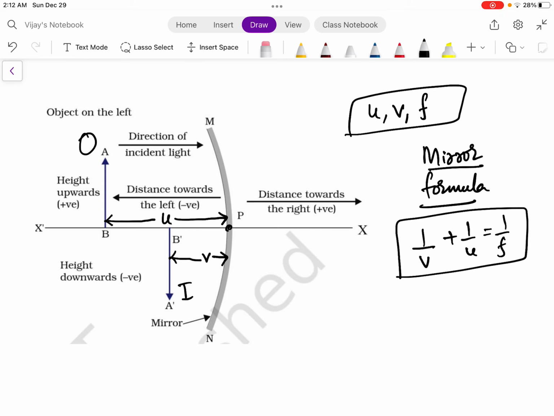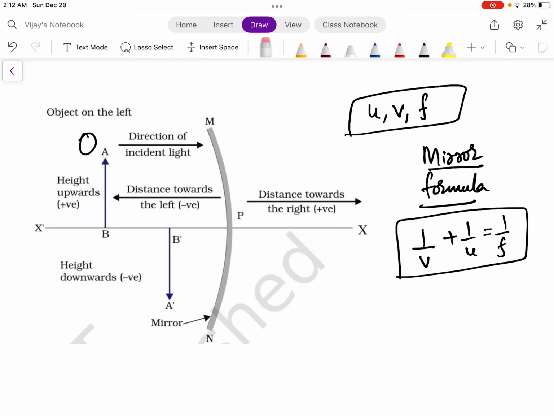This is the pole. You treat that pole as the origin. This horizontal line will be the x-axis, and you can take a vertical line over here that will be the y-axis. So this is the origin. This is the positive x-axis, this side is the negative x-axis, this is the positive y-axis, and this is the negative y-axis. So let me rub all this.